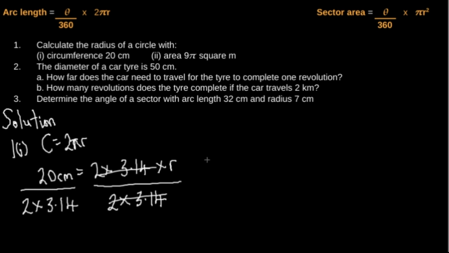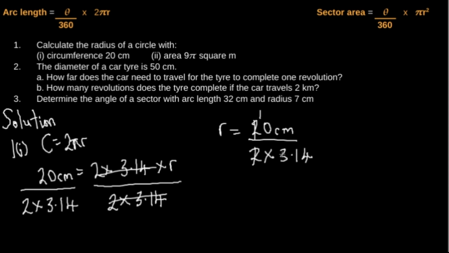We then have r equal to 20 centimeter over 2 times 3.14. These two take care of this here, that'll give us 10 here. So 10 centimeter divided by 3.14.